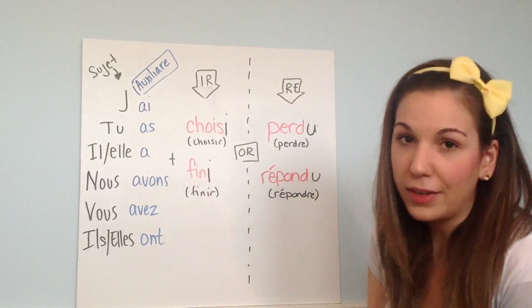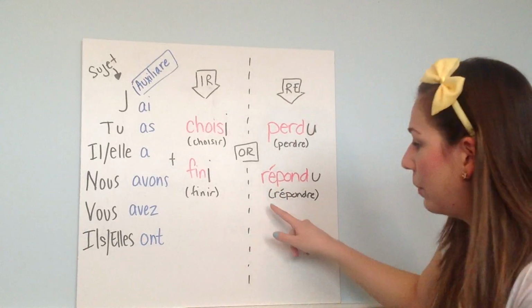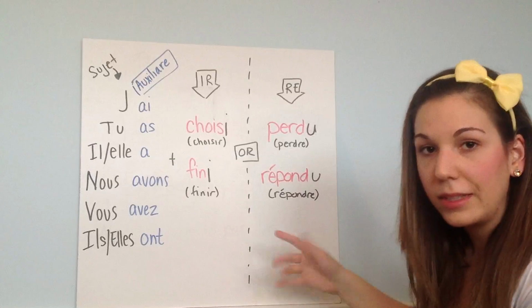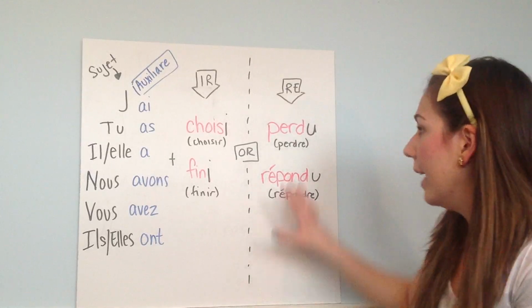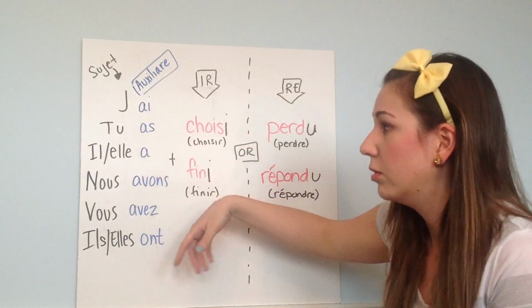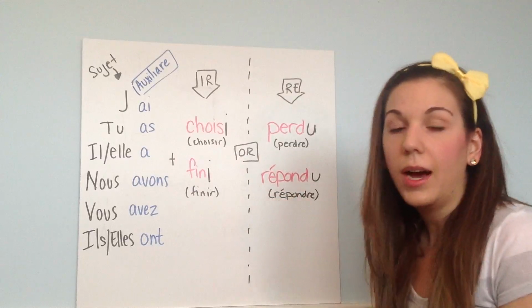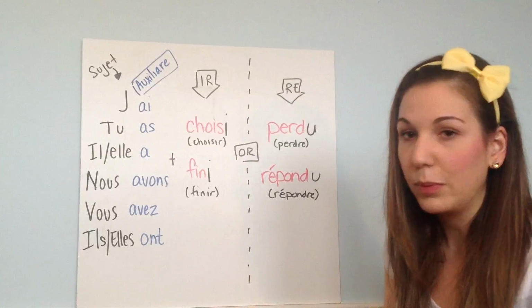So we take off the RE and we add a U. Or répondu, because répondre, which means to respond, is an RE verb. So you take off the RE and you add a U. And again, these stay the same, right? It's just these that change. So, j'ai répondu, I responded. Vous avez répondu, you responded.